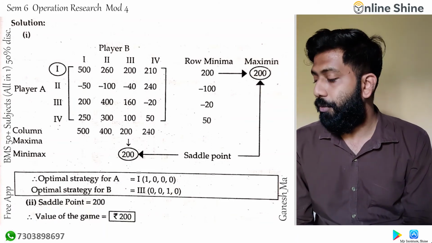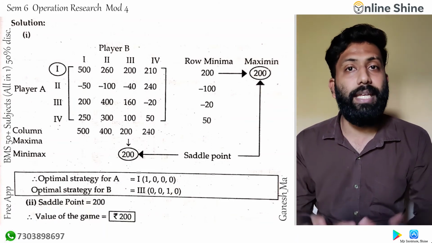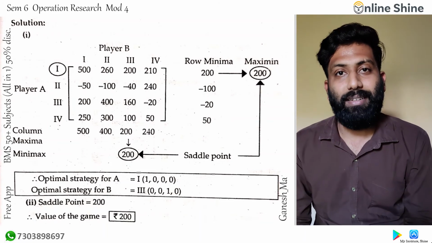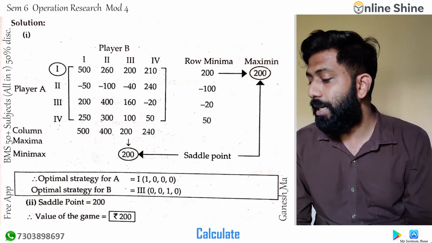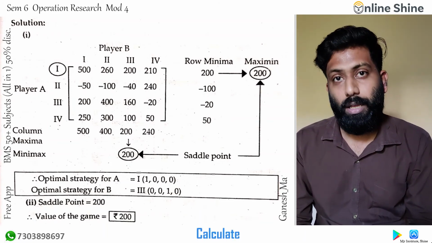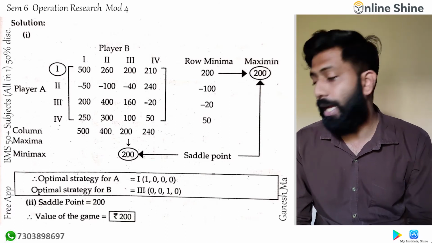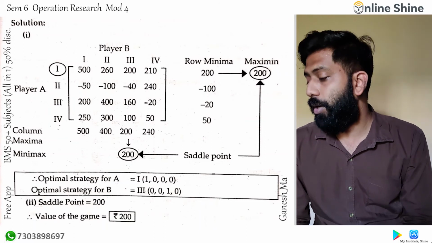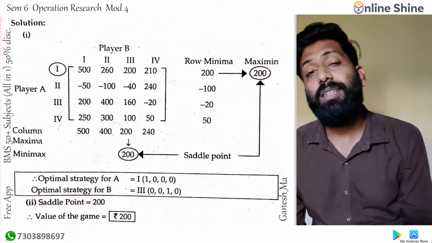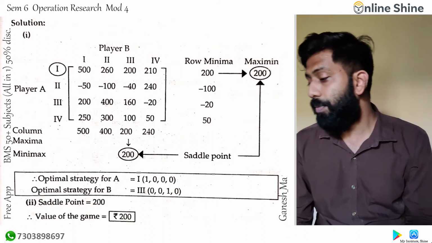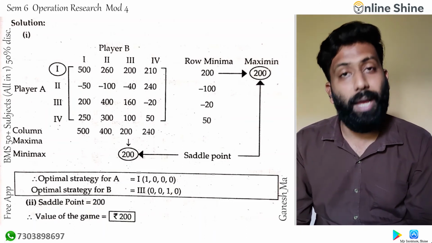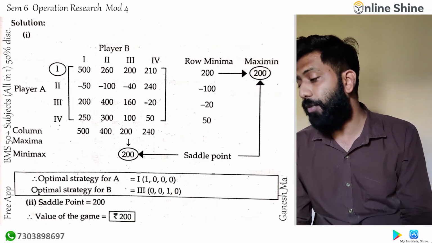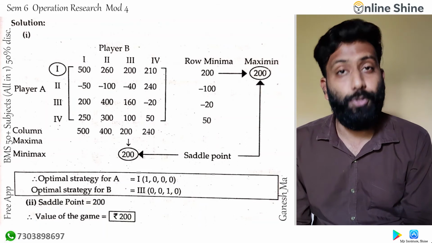Now we need to calculate the maximin criterion in the row minima values. Maximin stands for the maximum of the minimum values. From the row minima we find the maximum value, that is 200.